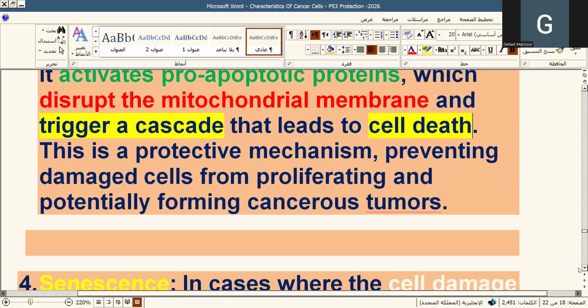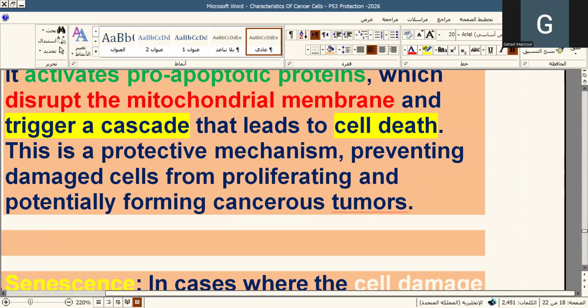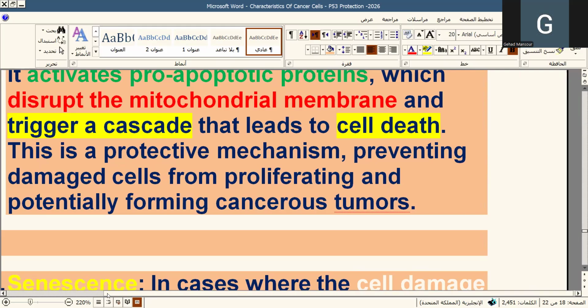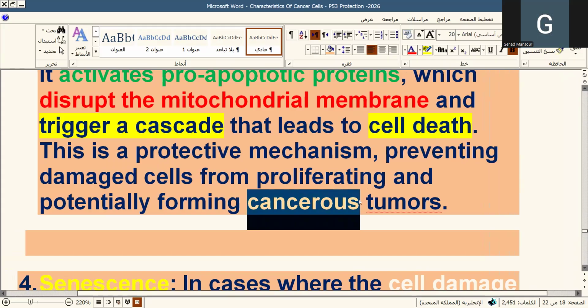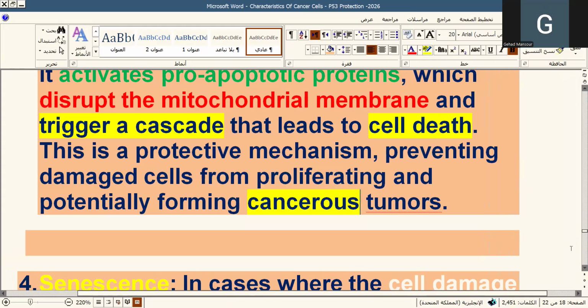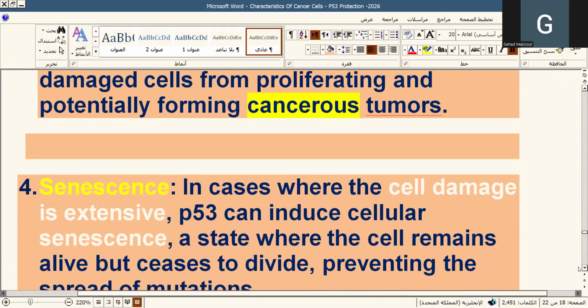So in such a case, as we said before several times, this is a protective mechanism that protects the cell against cancer. So when apoptosis occurs, it is as if some cells in the body sacrifice themselves for the benefit of the whole body.